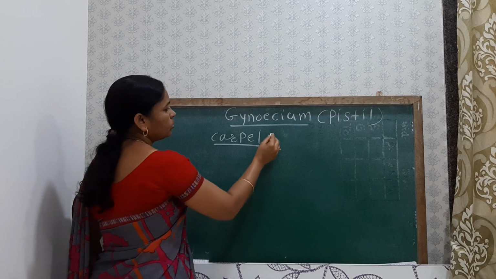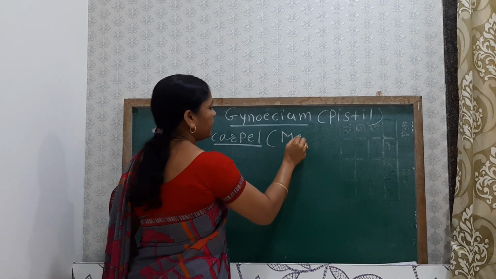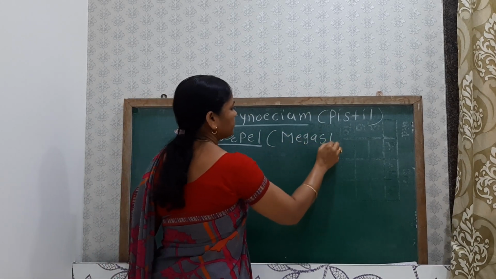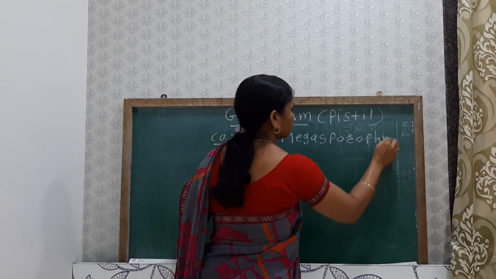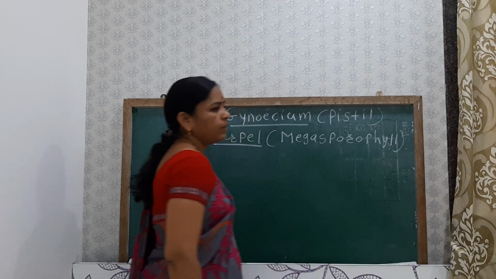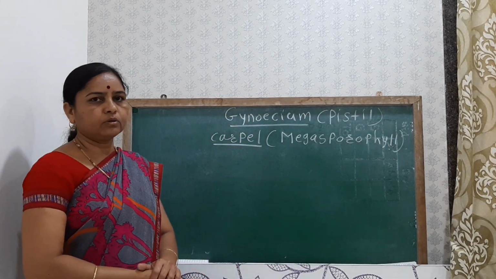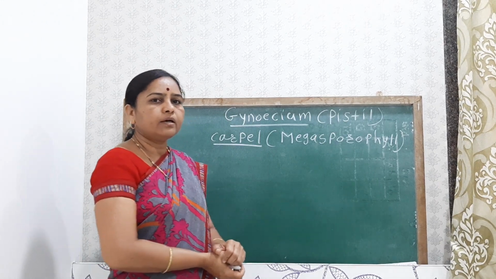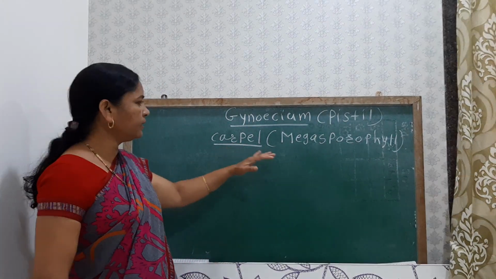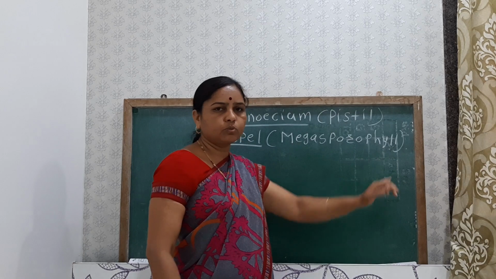It is also known as the megasporophyll. The androecium's stamen is known as the microsporophyll. Like this, the carpel is known as the megasporophyll.